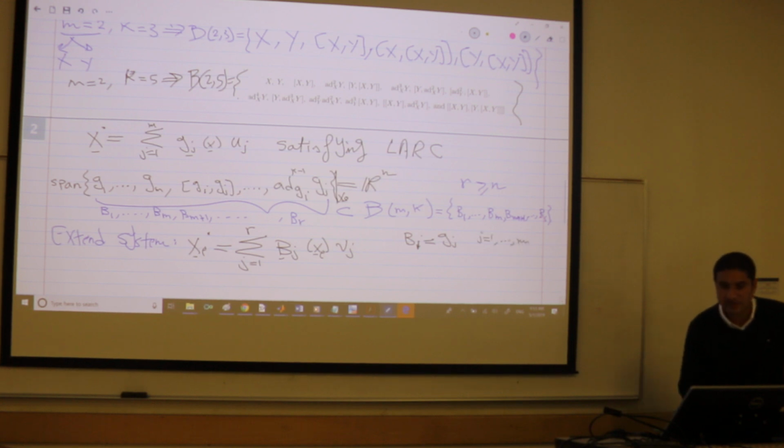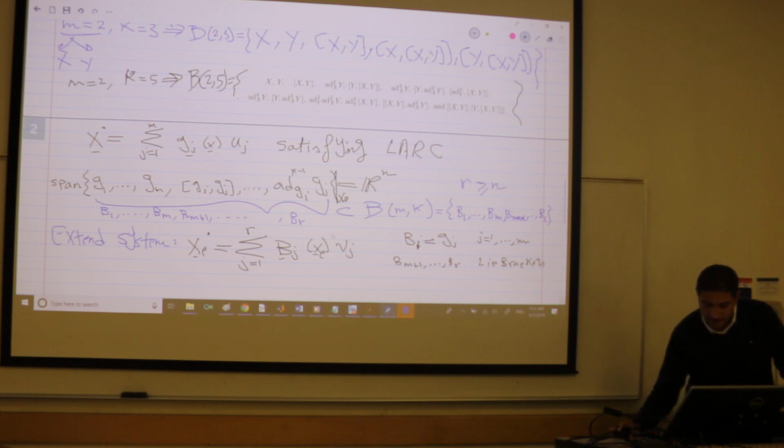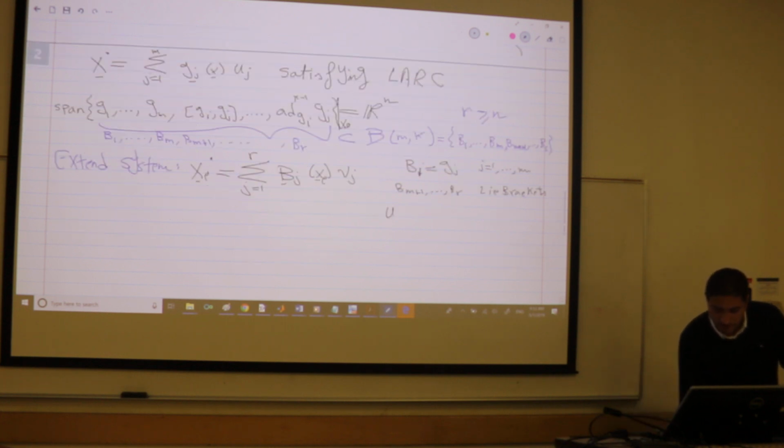The first m vector fields are the same as my vector fields, but then bm plus 1 up to br are Lie brackets, right? So in this new fictitious system, uj is the same as vj, j is 1 to m. The first m of these are actual inputs, but vm plus 1 up to vr are virtual inputs.